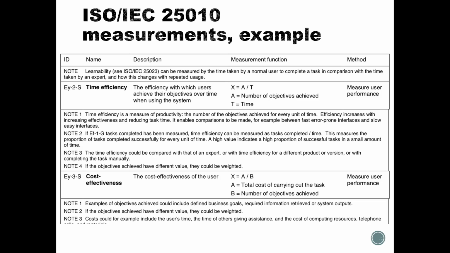Similarly, we have cost effectiveness, which is also X equal to A divided by B, where A is the total cost of carrying out a task, and B is the number of objectives achieved. So these are the two different methods which measure user performance and are used for measuring time efficiency and cost effectiveness.